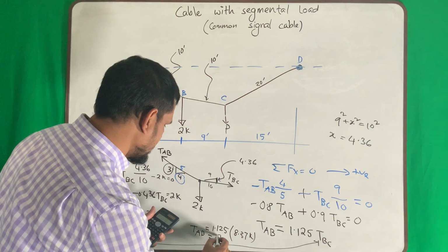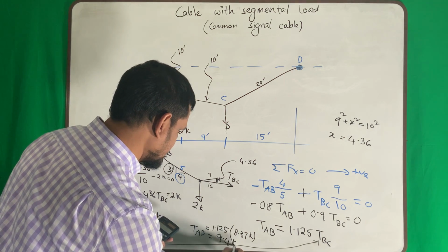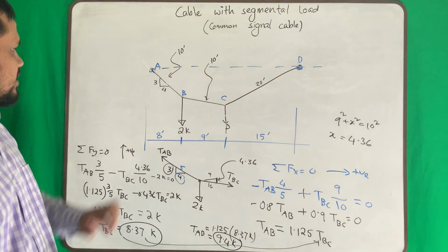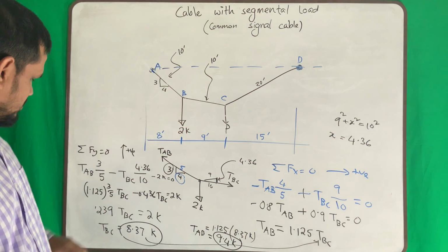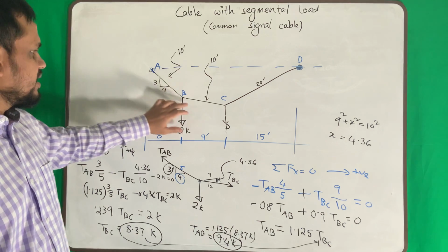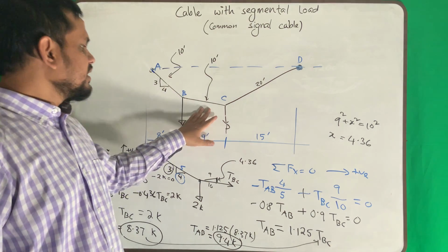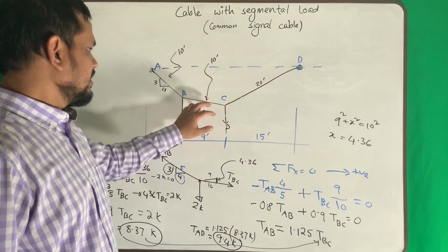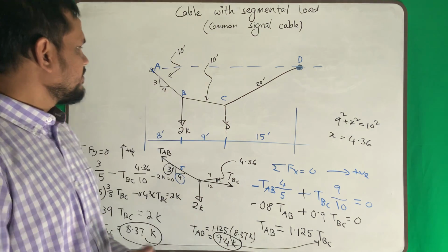I got 9.4 kip. Okay, so we got two forces, TAB and TBC. So two forces are done. Now we can use this joint, and if we use this joint, we can find our force P.